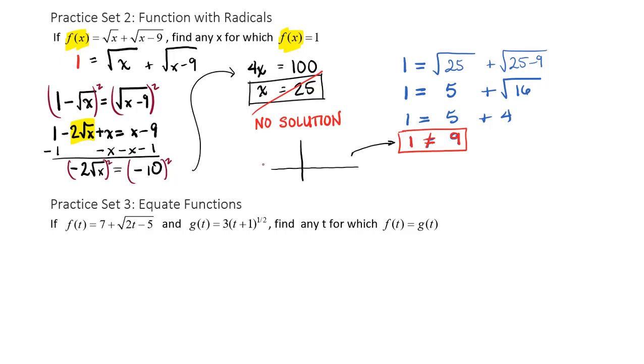And your line y equals 1 is down here. And notice that they never intersect. So there's no value of x for which f of x equals 1.